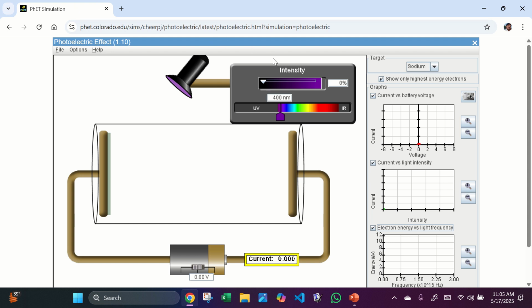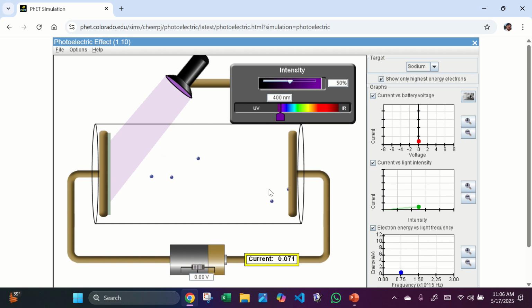In order to do that we need some photo emission here, so switch on the bulb. Take some number. Okay, so photoelectrons are emitted here, and a photo current of 0.071 is observed.